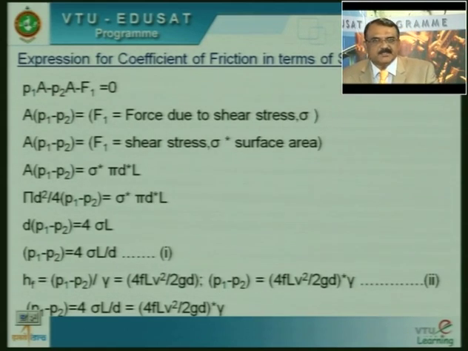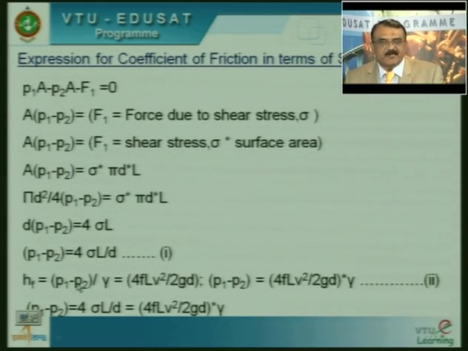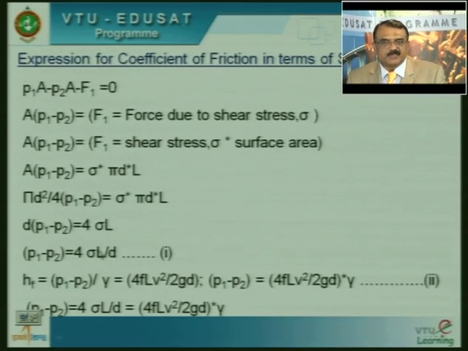Now look at this, this P1 minus P2 is given by 4 sigma L divided by D. In place of P1 minus P2, you substitute this 4 sigma L divided by D, into 1 over gamma. So if you substitute this and simplify, you are going to get P1 minus P2 is equal to 4f LV square by 2 GD into gamma.